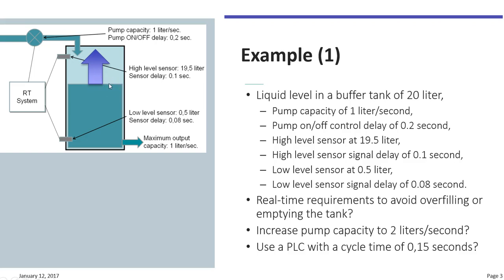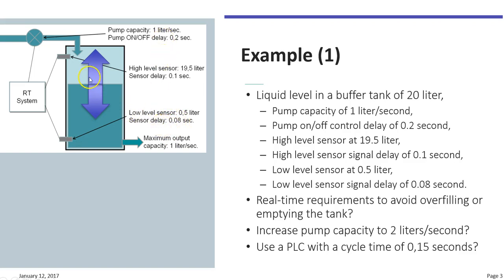So when loading, you will detect that it's full, then you have half a second. You have to take away 100 milliseconds for the sensor delay and 200 milliseconds delay for the pump. If you are discharging the tank, you have the same half a liter, half a second, but you have a little shorter sensor delay, the same on the pump.